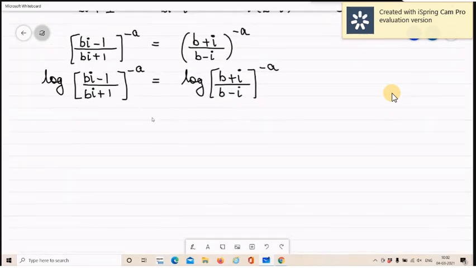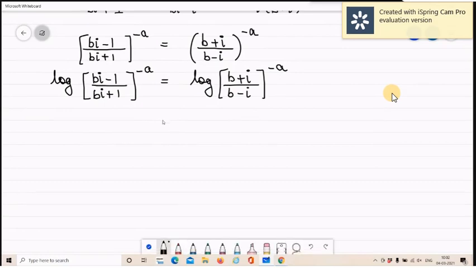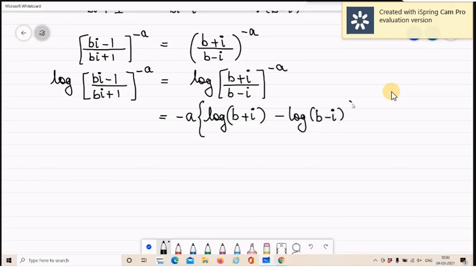Okay. So what will come here? This will be minus a outside. This will be log of (b plus i), then minus log of (b minus i).